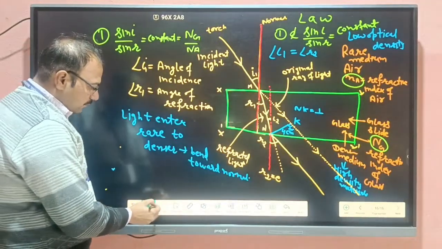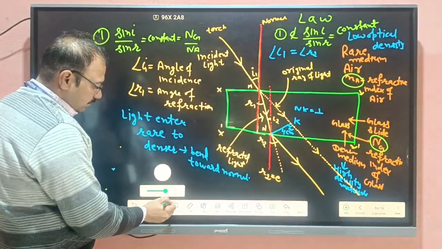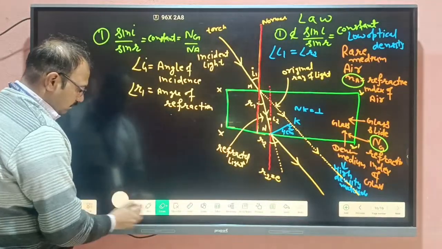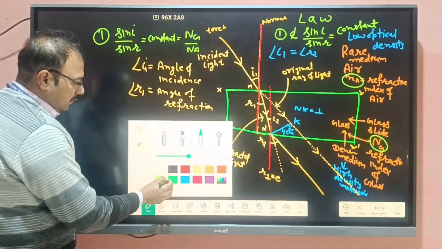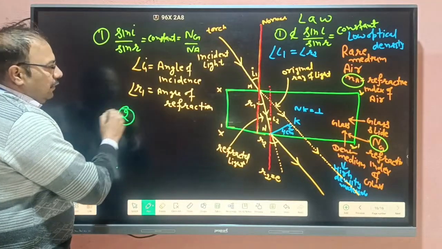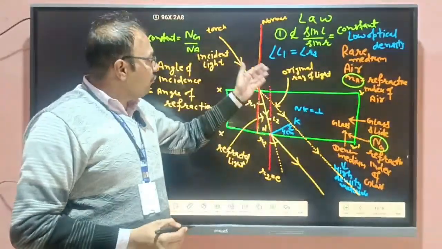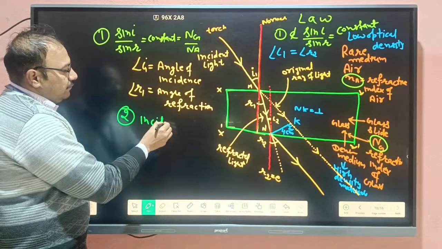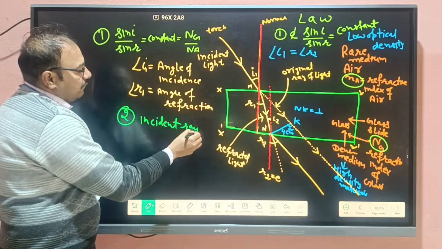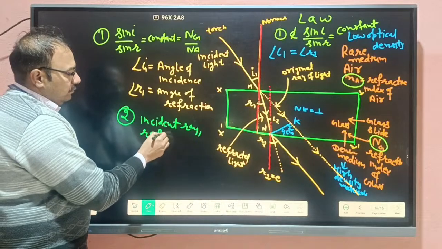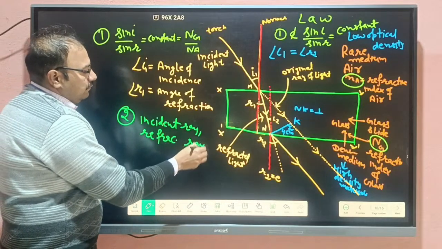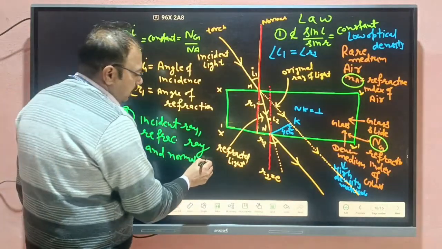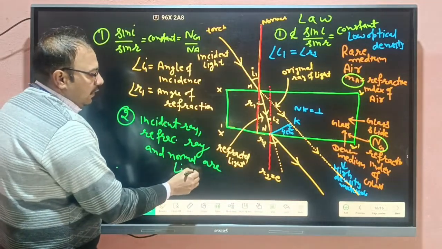And the second law: the incident ray, the refracted ray and the normal all lie in the same plane.